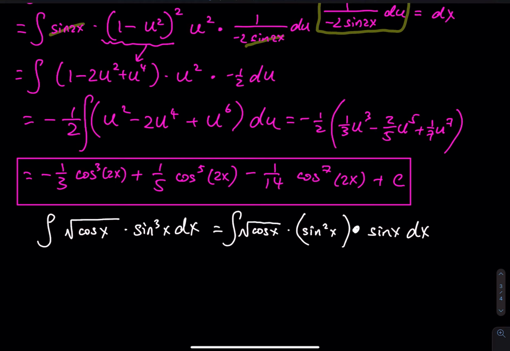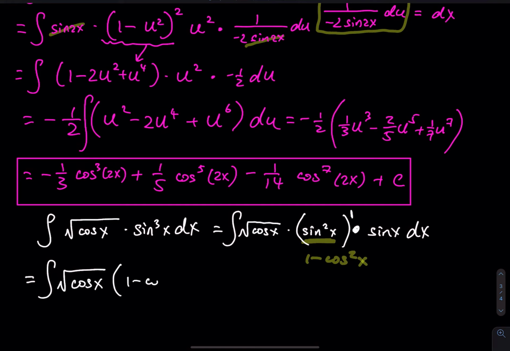So if you want to put a number right here, the number will be just a 1, or you don't put anything in there. And then according to the cookbook recipe, we have to rewrite this sine square as 1 minus cosine square x, right? According to the fundamental identity you study in trigonometry. So that is the square root of cosine x, and then parenthesis 1 minus cosine square x, and then times sine x dx.